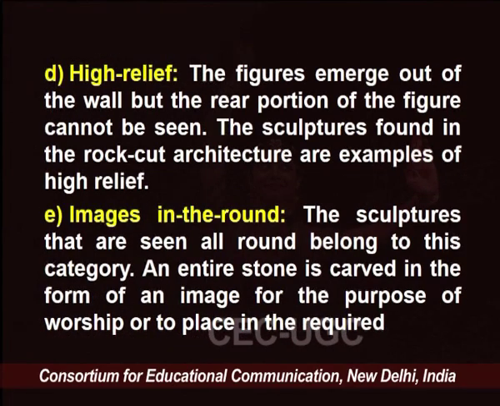High relief, in this, the figure emerges out of the wall, but the rear portion of the figure cannot be seen. The sculpture found in the rock cut architecture are the examples of high relief.